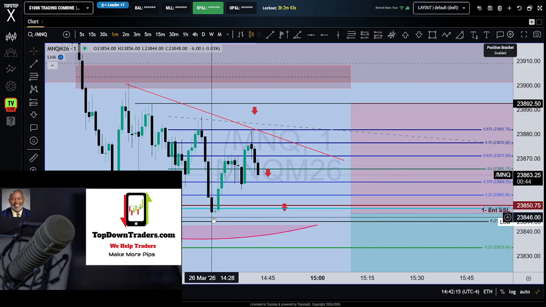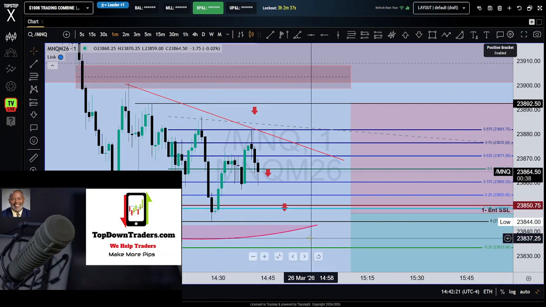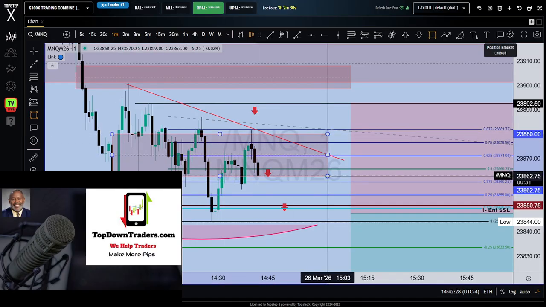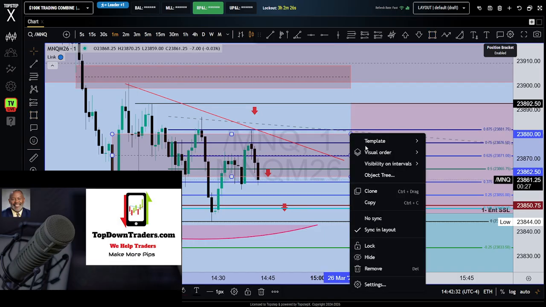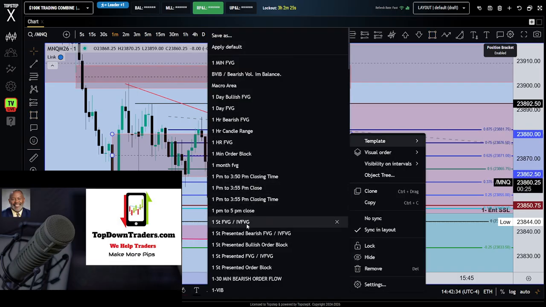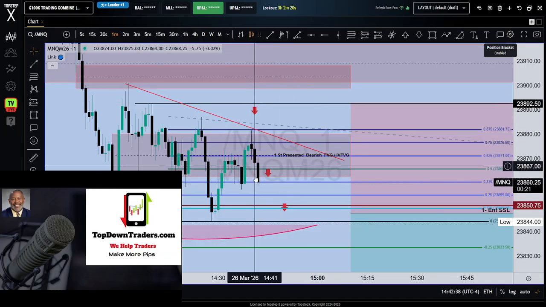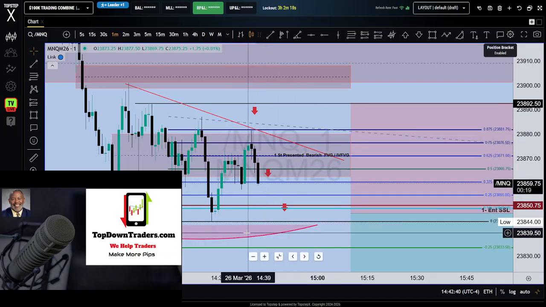I see it did the order flow pullback strategy on 4 candles. I see a potential inversion fair value gap right here, but it didn't really do that. It didn't stick and stay, so it's pushing back downward.